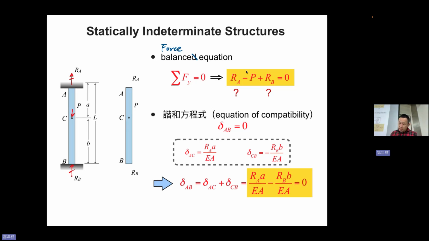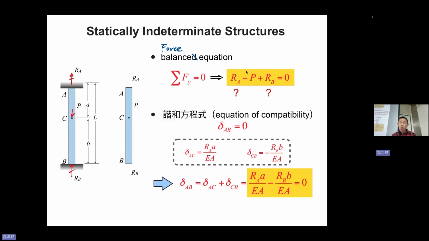Force balance equation, sigma Fy equal to 0. So you know that RA plus RB minus P equal to 0. That's exactly what we wrote here. However, RA and RB are unknown, so we cannot solve this. We need one more equation. So what will it be?